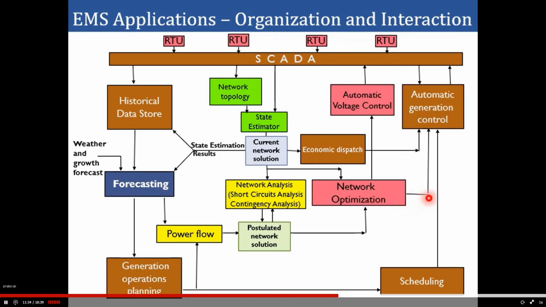And then this information will go to automatic generation control. In addition to that, the economic dispatch will also be an input to automatic generation control, as well as whatever generation scheduling we have, which will also act as an input for automatic generation control, which will set the valve opening of the various generating stations for balancing the demand-supply equations.